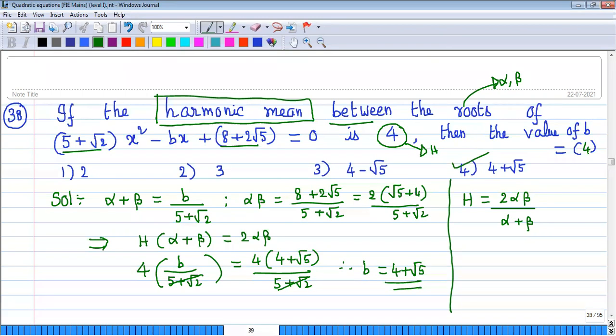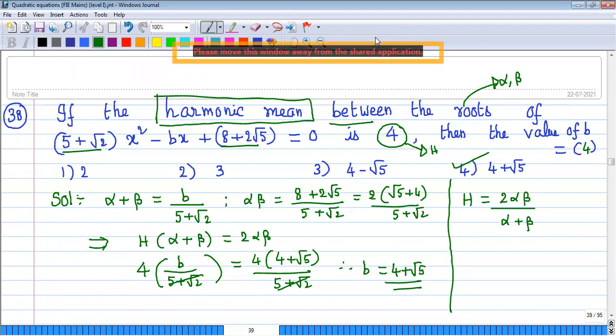Once again, check whether my solution is correct or not. I hope it is correct, I think so. Right? Correct, sir. Right. So check my answers also, because I don't have any solutions with me.